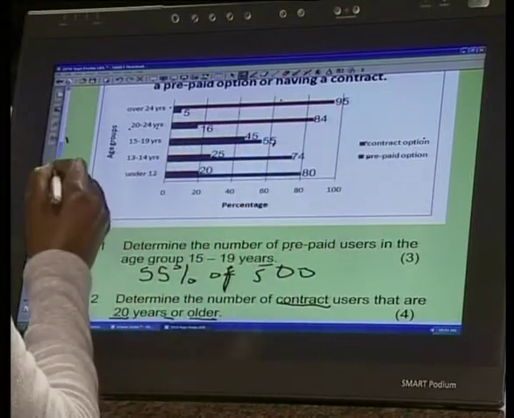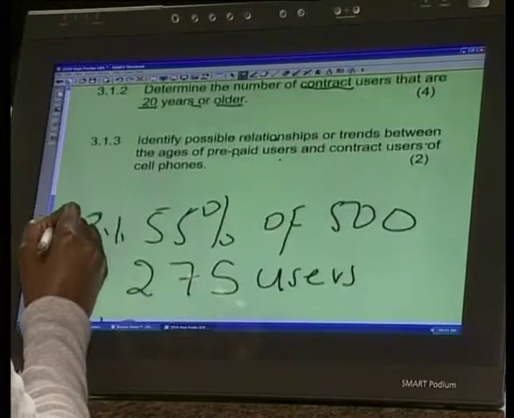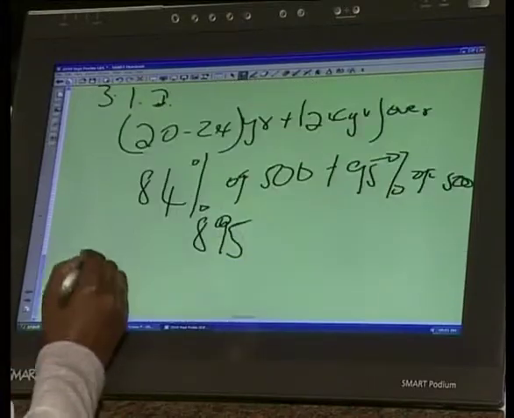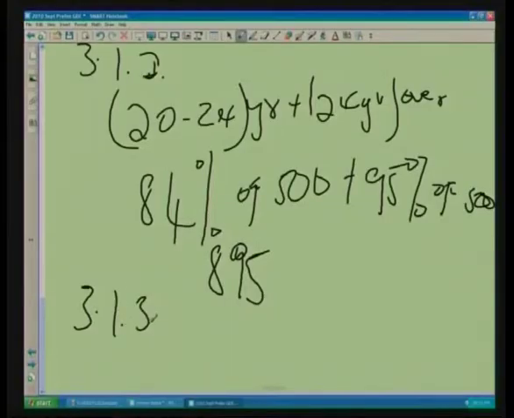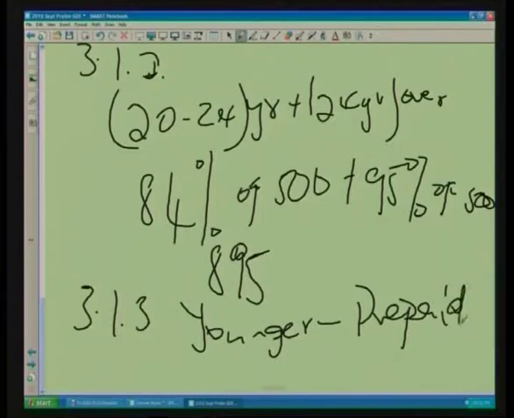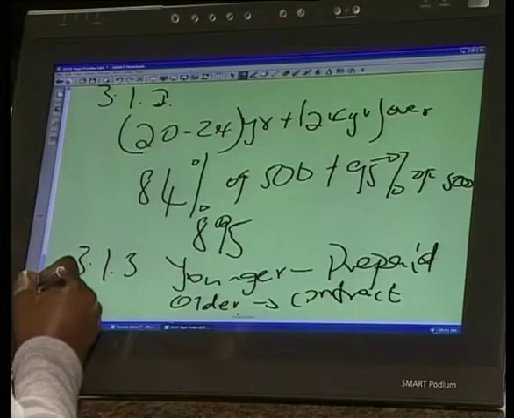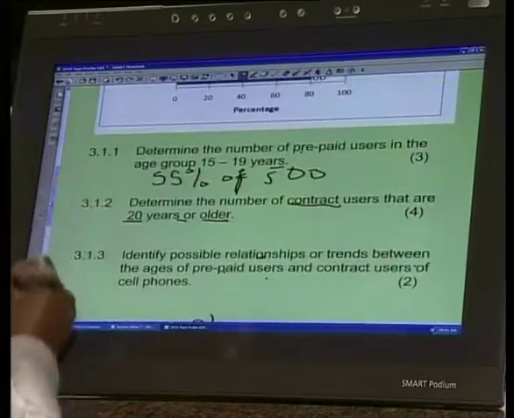So the trend simply, you say the younger ones go for prepaid, while the older ones go for contract. Please don't try to complicate it. It's very simple. It's straightforward. Just answer it the way you have been given.